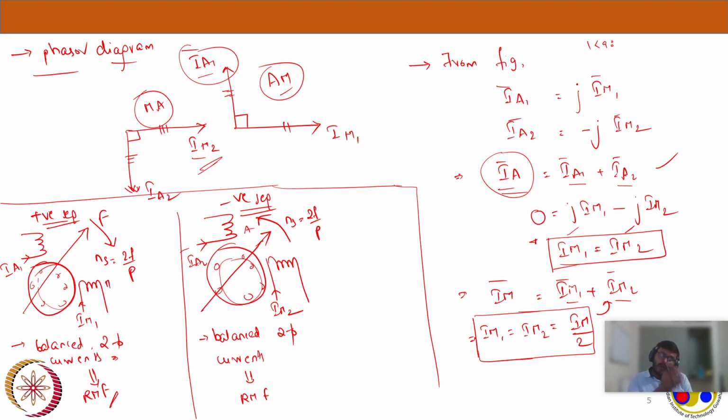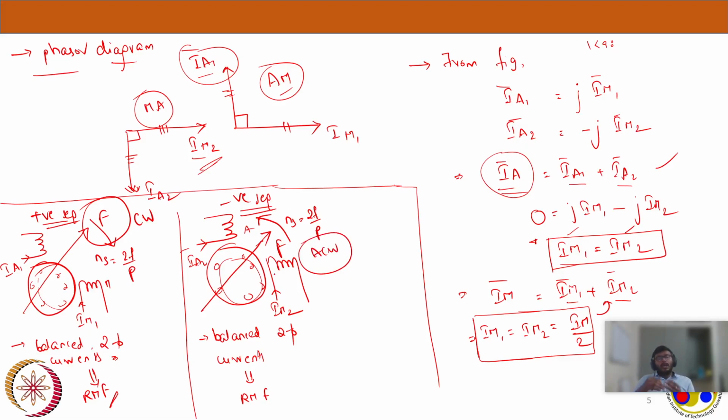Now if you see the positive sequence diagram, I am trying to rotate my motor in the clockwise direction, and here I can see the field direction is also in the same clockwise direction. So in the positive sequence, this field is in the clockwise direction, and here the field direction will be anti-clockwise.